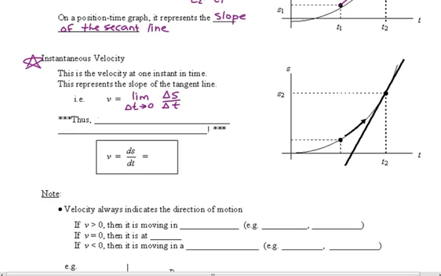So velocity is the derivative of a position, or equation.